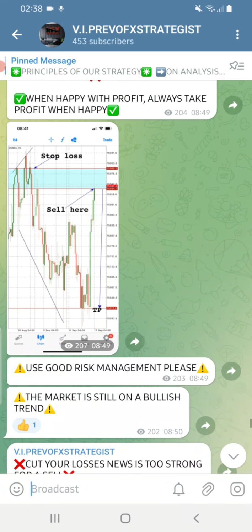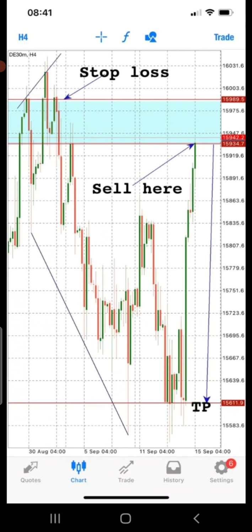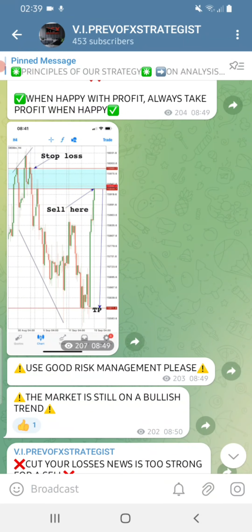So these are all the signals. As you can see, this one here, I gave it out before it actually entered the Quasimodo sell zone. It went all the way to where the stop loss is. Immediately when I gave this signal, the fundamentals came in, and I realized that the fundamentals were still trying to push the market up.